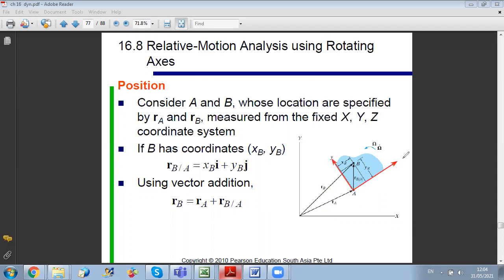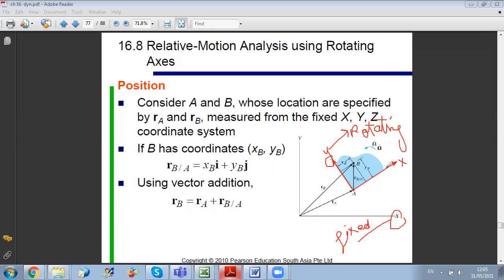This is the rotating frame, and big X, big Y is the fixed frame.